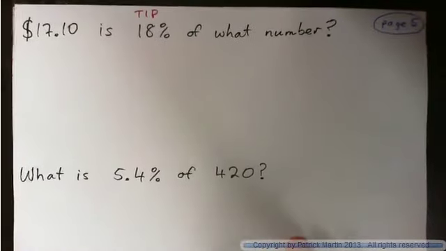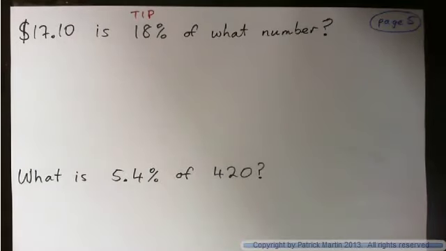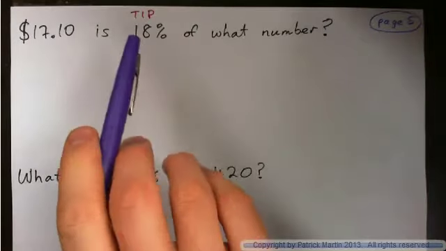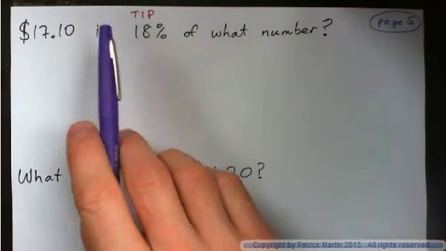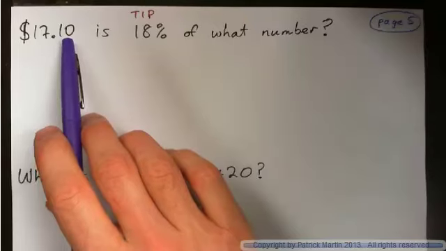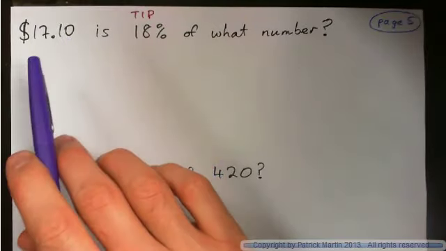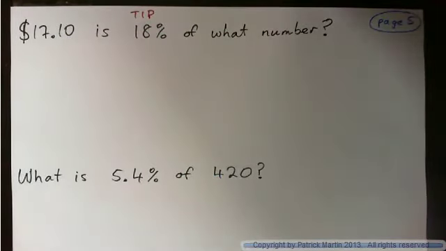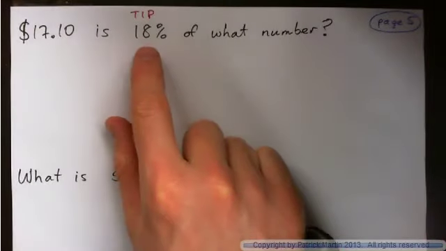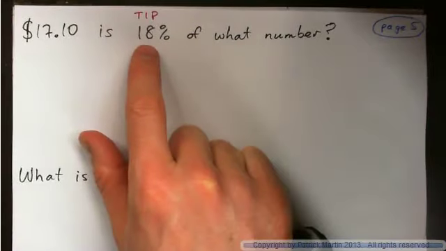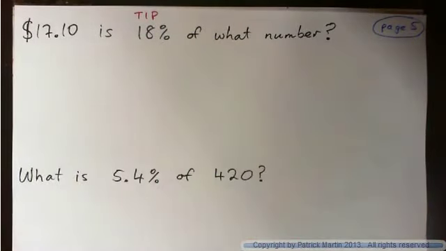What about this one? 17.10 is 18% of what number? In other words, if you're at a restaurant, and I have a bunch of kids, so this happens sometimes, and let's say the tip is 18% and the tip turns out to be $17.10. What was the original bill then?